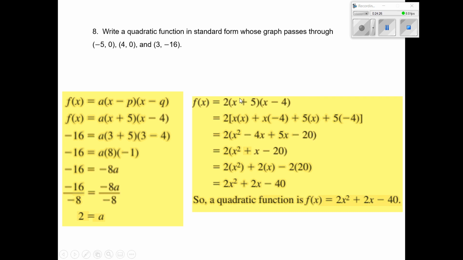They were showing us how we got -4x plus 5x, and then they combined it to give a positive x. Now that I've got that, I'm going to multiply 2 to everything. That gives me 2x squared plus 2x minus 40.